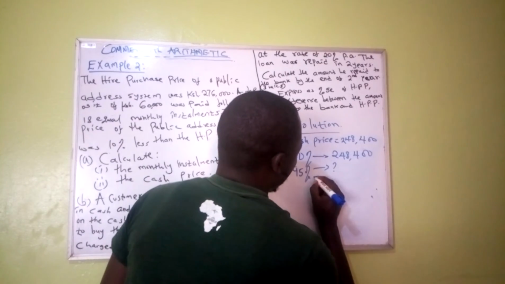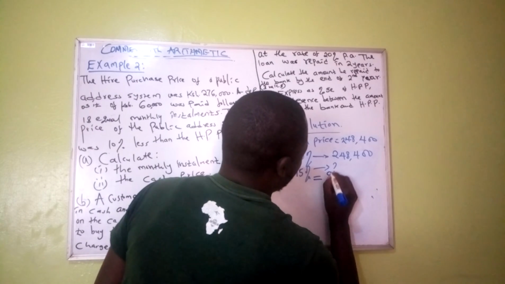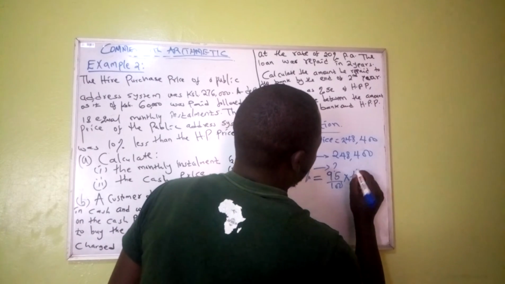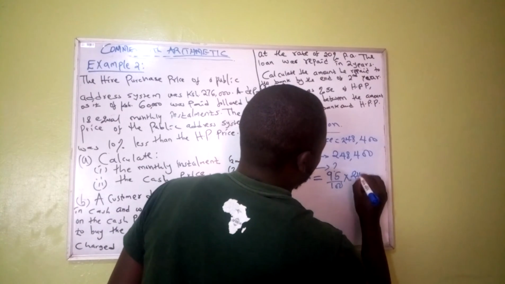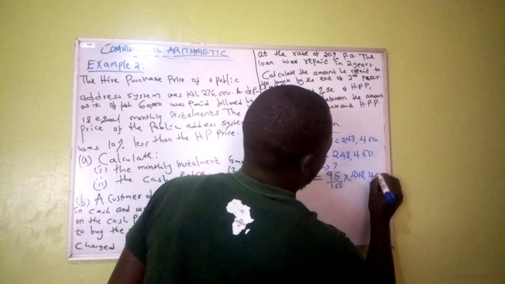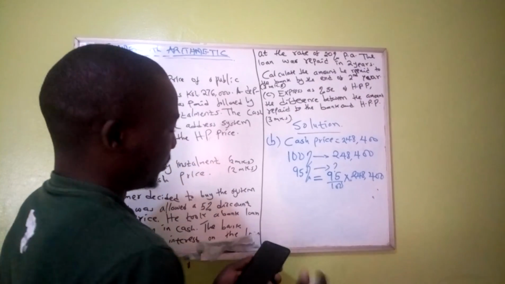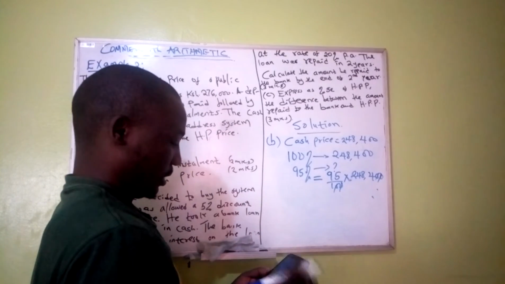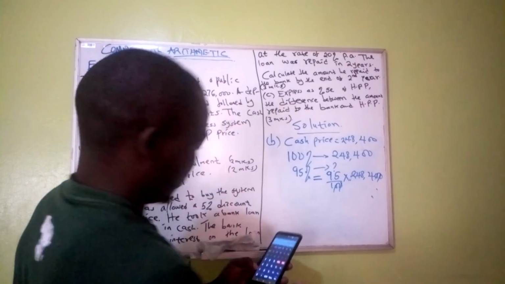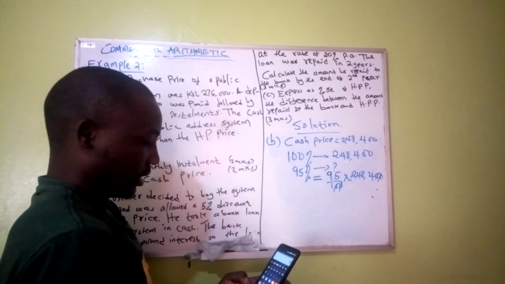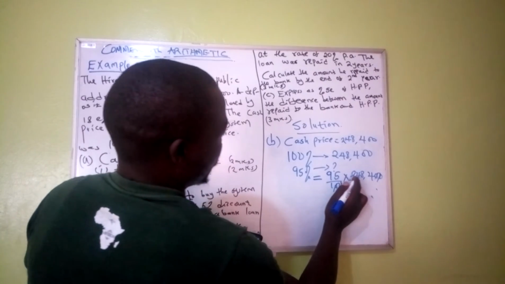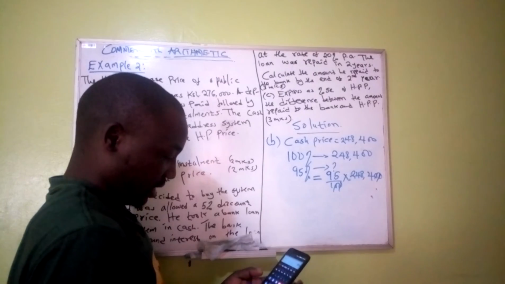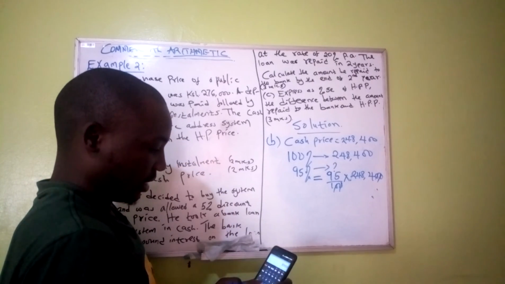This will be equal to 95 over 100 times 248,400. Let's go back to our calculator, the scientific one. 95 times 2,484.